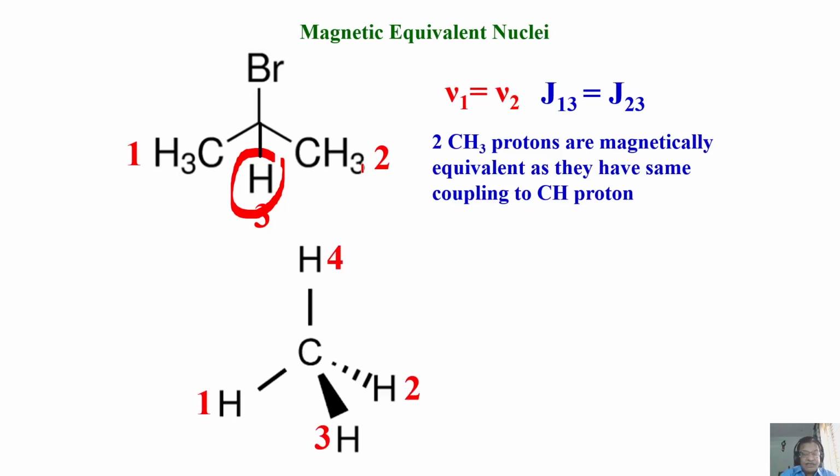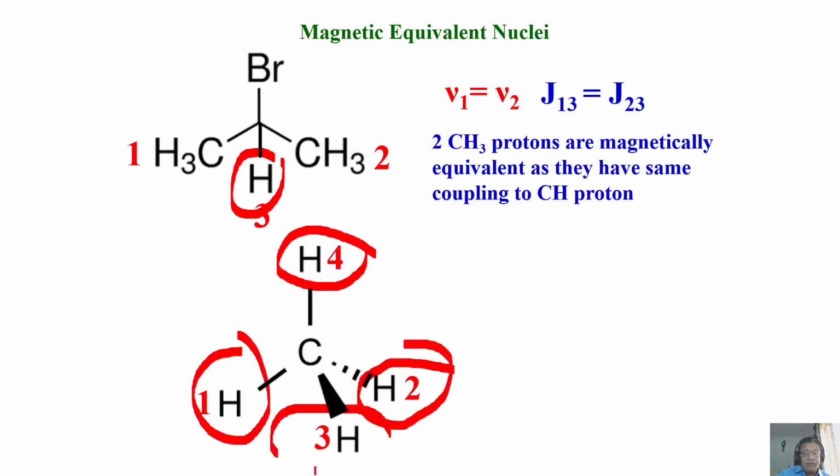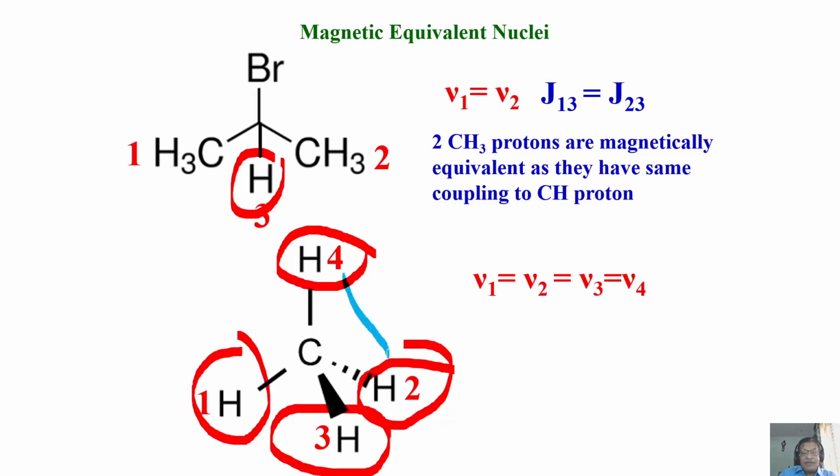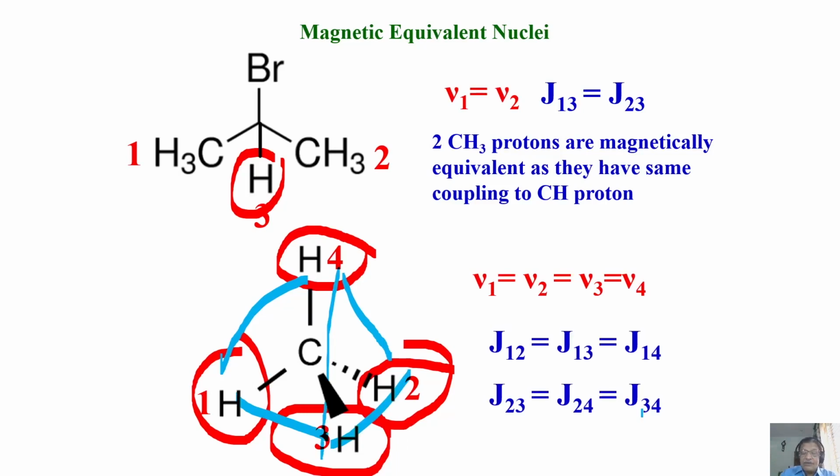Look at this one. This is a fantastic molecule. It's methane. Now take any proton of your interest. All four protons have the same chemical shift. See, nu 1 is equal to nu 2 is equal to nu 3 is equal to nu 4. That is a very interesting thing. Now, what about the J coupling between this and this, between this and this, and between this and this? Take all the possible couplings here. Look at this.